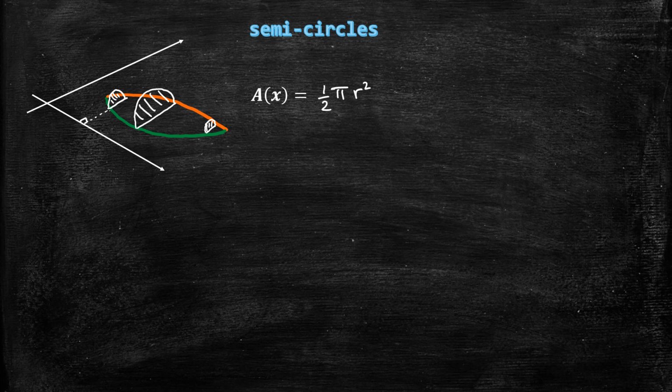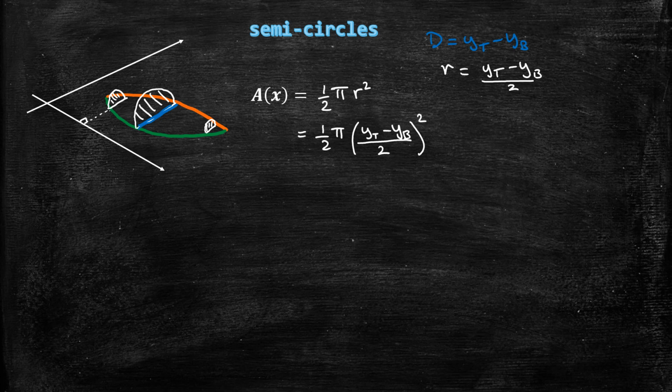To get the radius, it might be good to think about what the diameter is. And the diameter is just that distance yt minus yb. So if that's the diameter, then the radius will just be 1/2 of that. So over 2, and our formula becomes 1/2 pi times the radius squared, so the vertical distance between the curves or functions, over 2, squared.